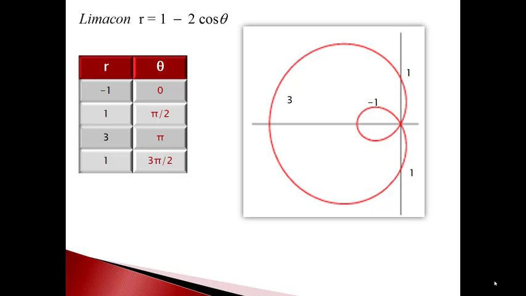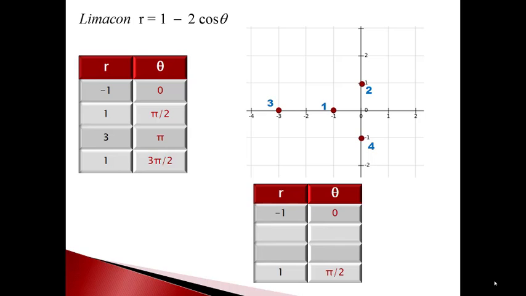In fact, a limaçon will be like this. So, there must be additional points between theta equals 0 and theta equals pi over 2. We create another table for values of theta between 0 and pi over 2. When theta equals pi over 4, r equals 1 minus square root of 2, we obtain the point 1 prime.